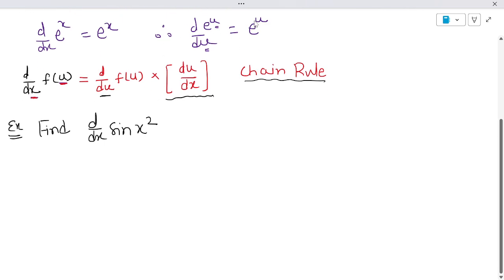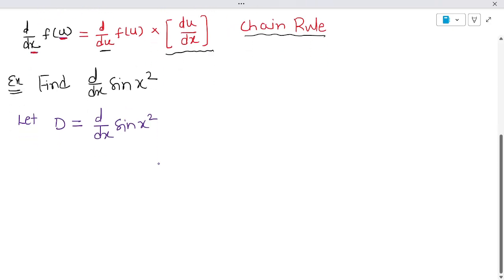So to find derivative of sin x square, let capital D be the derivative of sin x square. अब यहाँ पर कोई स्टैंडर्ड फॉर्मूला है नहीं. So before solving this, recall again the two standard formulae.